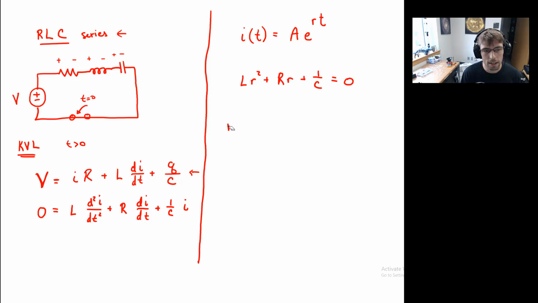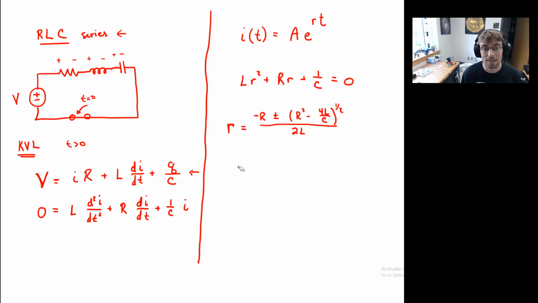So at the end of the day, what we have is little r equals negative R plus or minus the square root of R squared minus 4L over C, all over 2L.